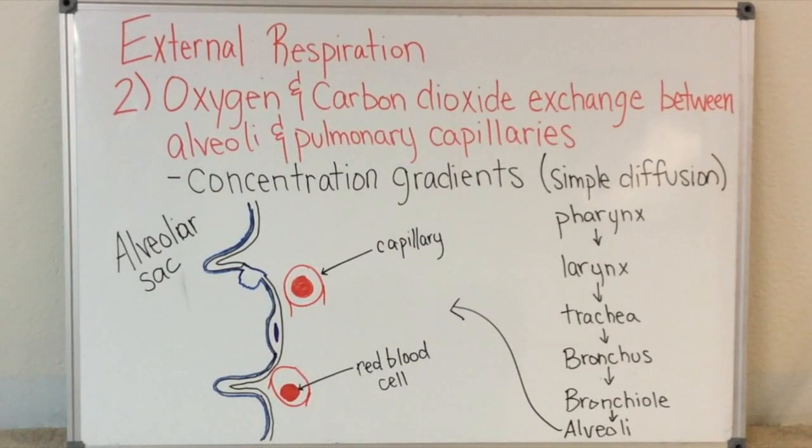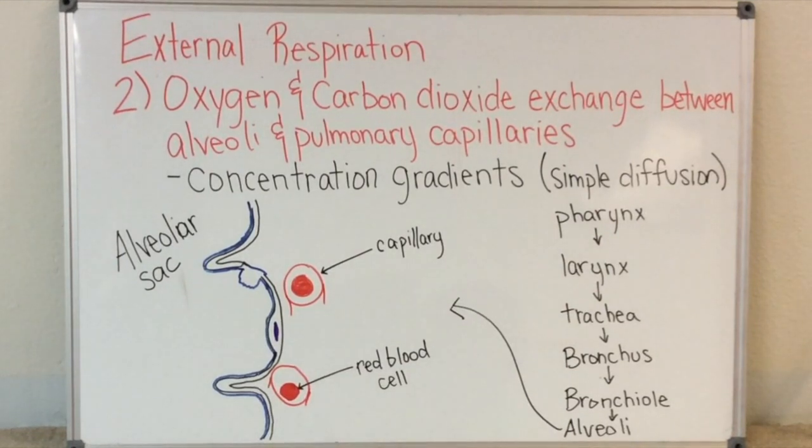These are extremely thin and situated close to pulmonary capillaries. This decrease in distance and thinness of both the capillaries and the alveolar type 1 cells maximizes diffusion speed and ability. The alveoli have tremendous surface area.